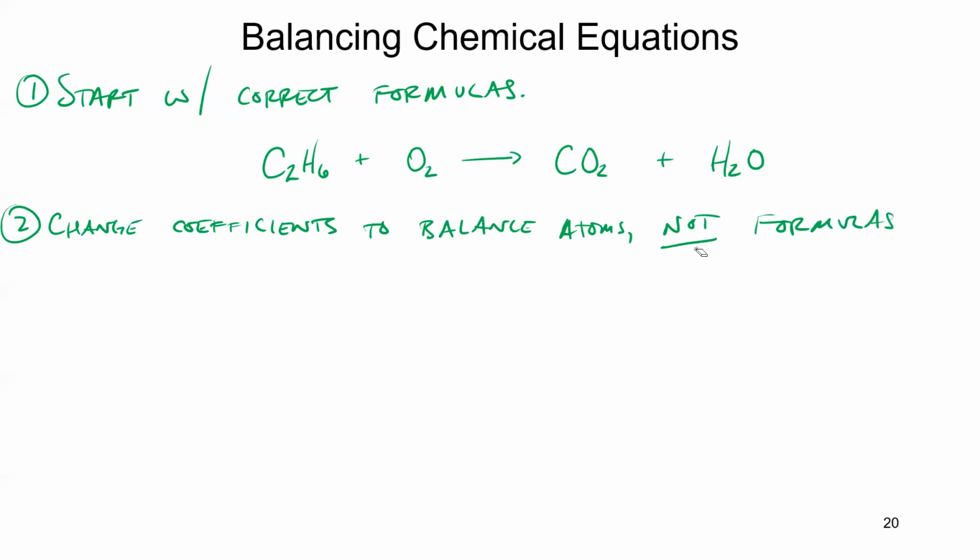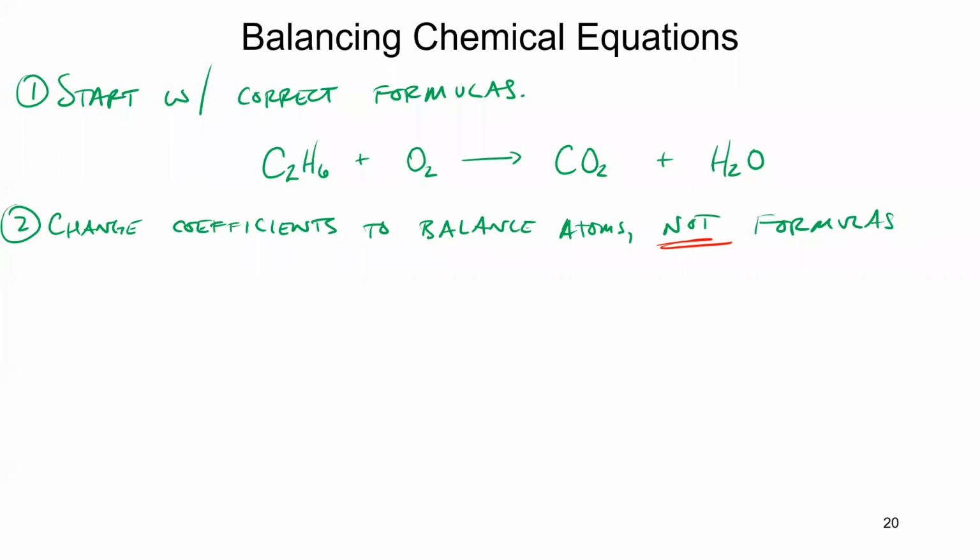Okay. We've just spent a long time trying to get the formulas right for the reactants, the formulas right for the products. Once we have those formulas correct, if we need to change the number of a particular atom, we don't need to go in and start messing with the formulas. We need to just say, okay, instead of 1 mole of this particular compound, we're going to have more than one.